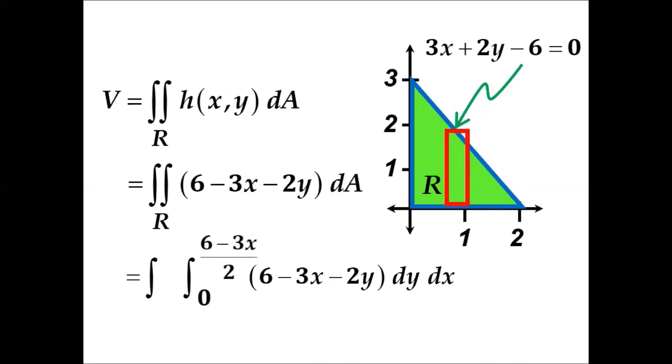For the outer integral, R is bounded from left to right by x equal to 0 and x equal to 2 respectively. Thus, the integral will become this. Evaluating this integral and setting the integral using dx dy will be left as an exercise.